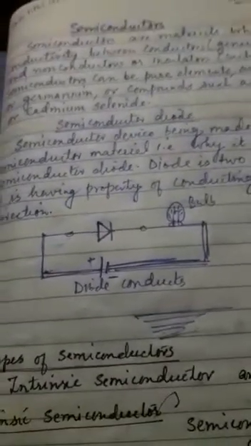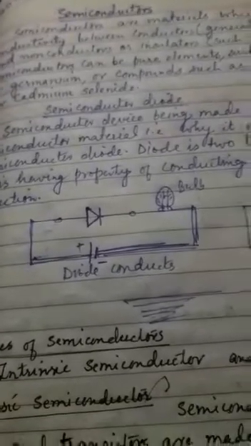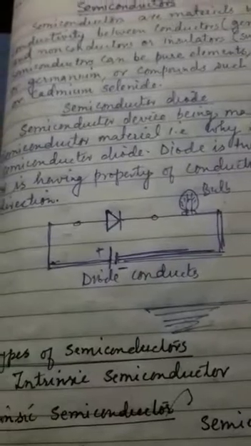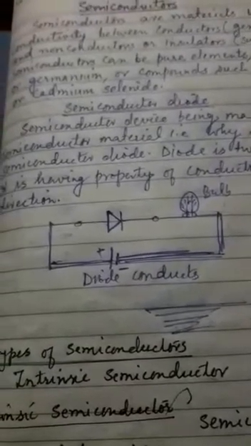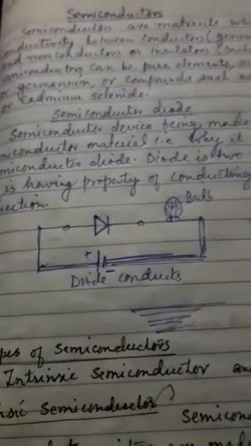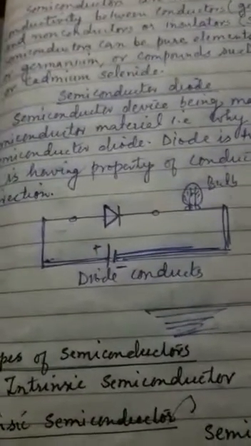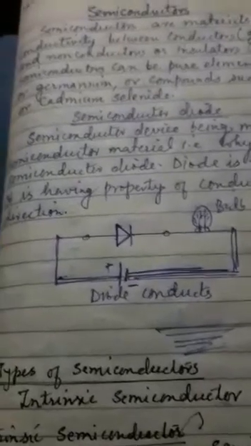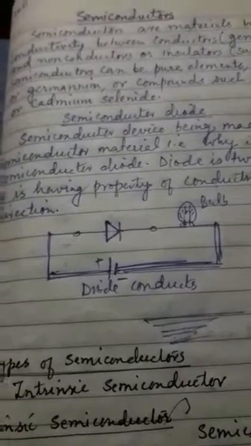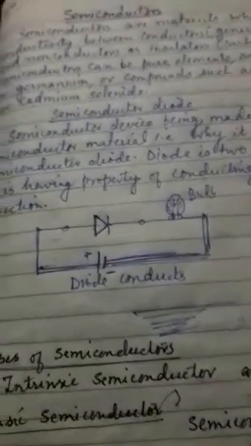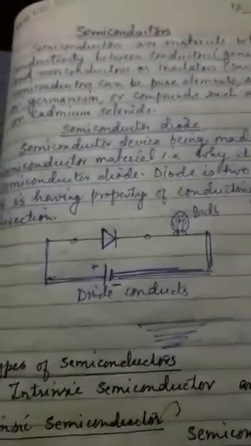The diode has a function which maintains the flow of current in one particular direction only. In some circuits, we wish to convert AC, I mean alternating current, into direct current.